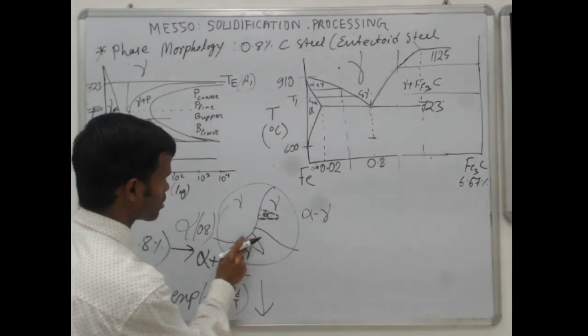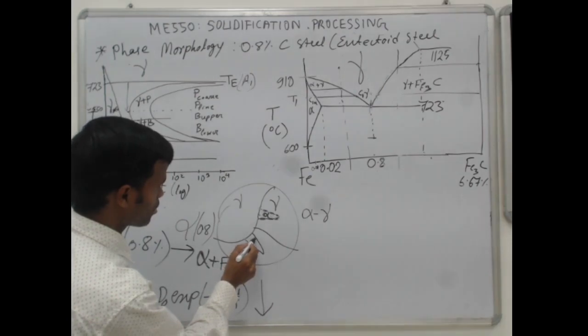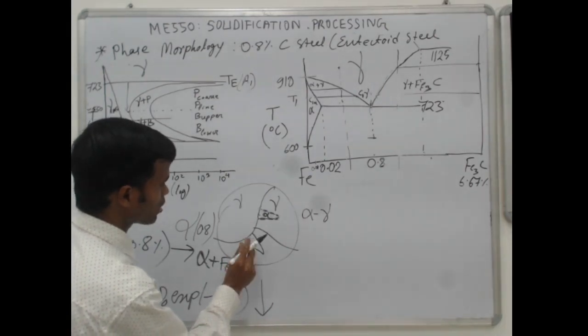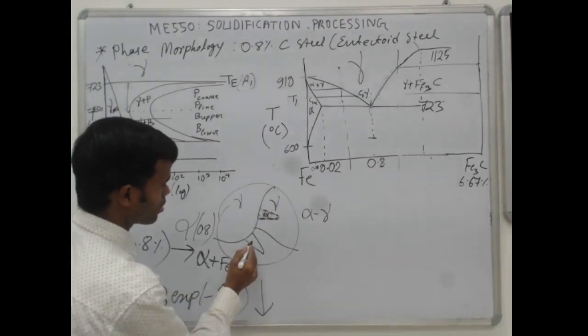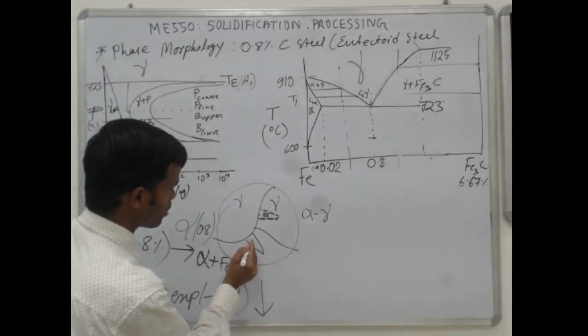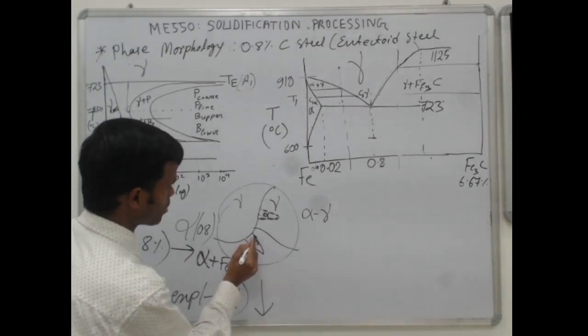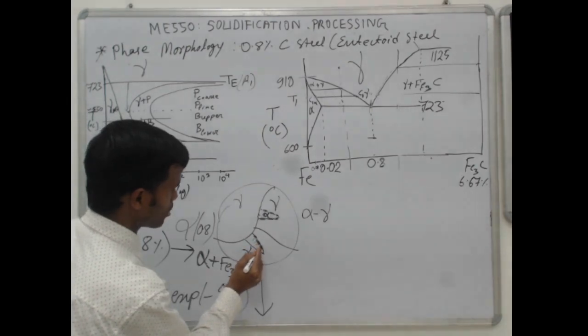Now if the temperature is that of upper bainite, there will be very little diffusion of carbon. These are very thin, acicular structures. So from the inside, the carbon will go there and precipitate at the boundaries.